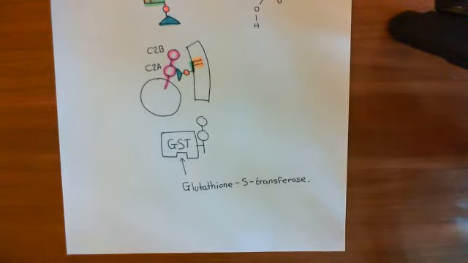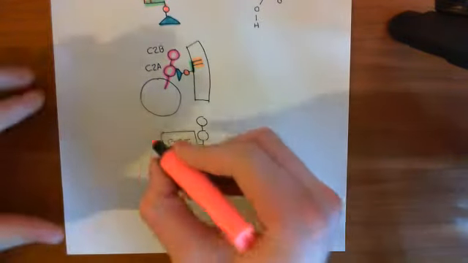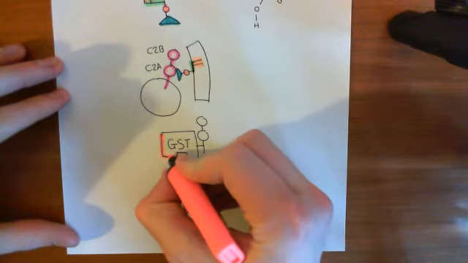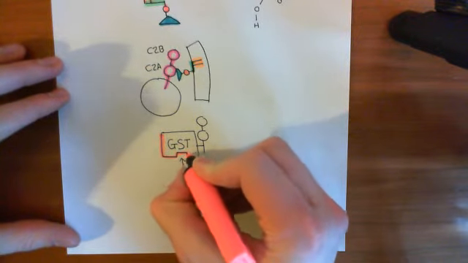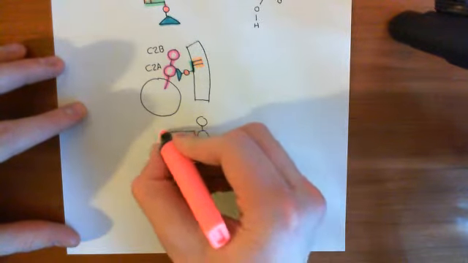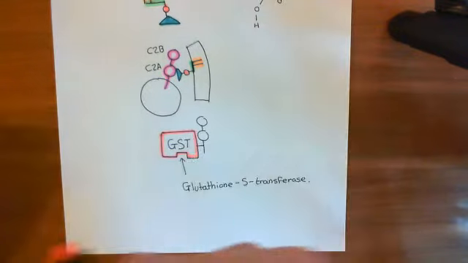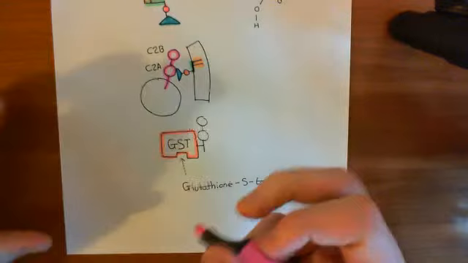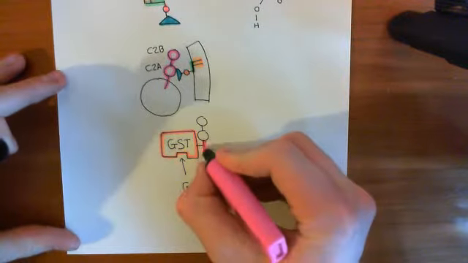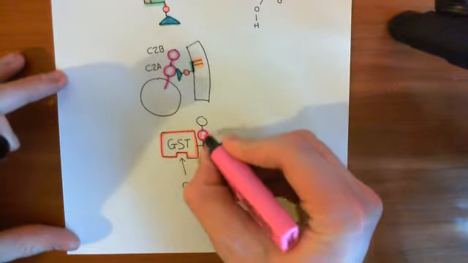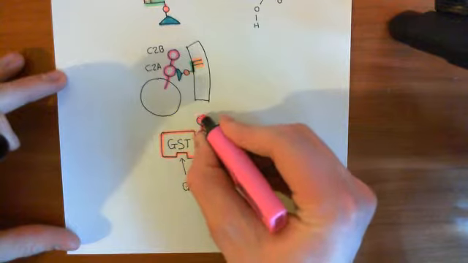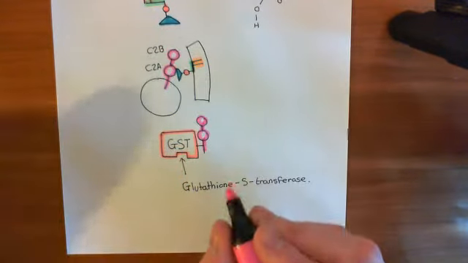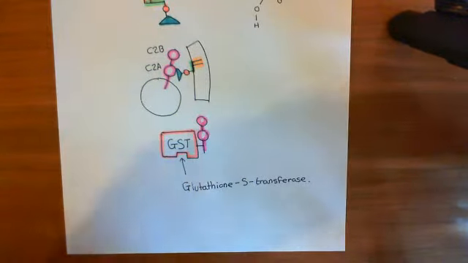Okay, so we have added this glutathione S transferase enzyme onto our synaptotagmin, and the reason we're doing this is because when glutathione S transferase catalyzes this reaction and tries to add glutathione onto other chemical species, it forms a temporary bond with glutathione. When I say it's temporary, I mean it's a very stable bond, not a really weak bond.